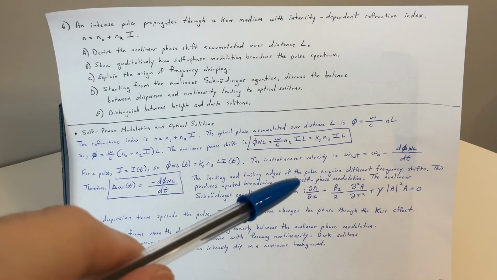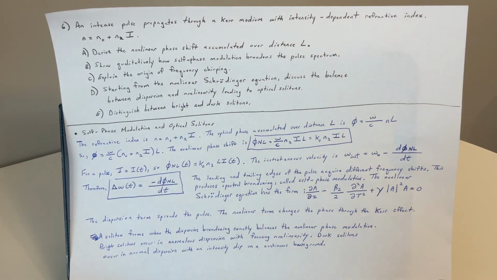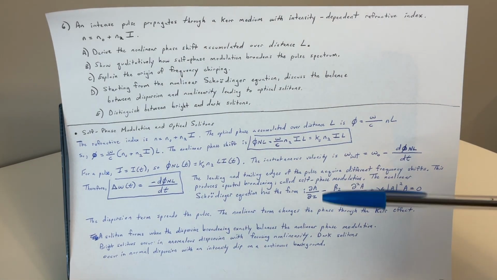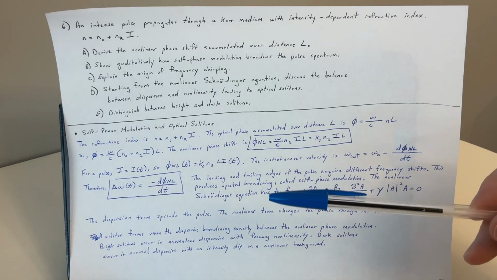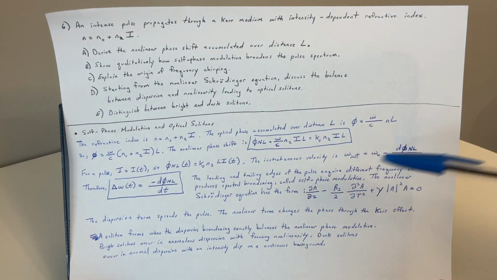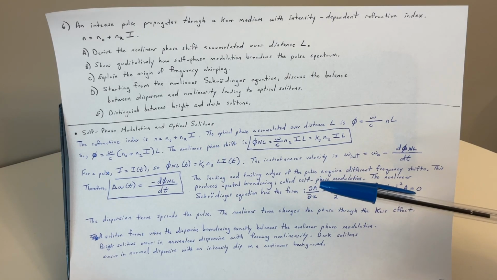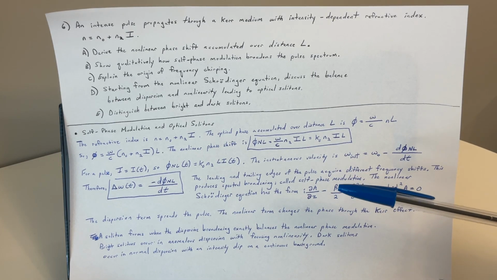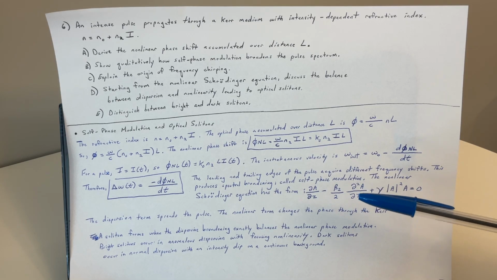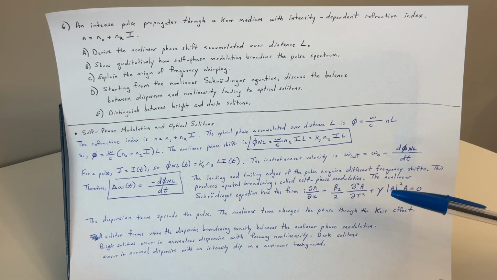The leading and trailing edges of the pulse acquire different frequency shifts. This produces spectral broadening called self-phase modulation. The nonlinear Schrodinger equation has the very famous form: i partial A with respect to z minus beta sub 2 over 2 times the second partial derivative of A with respect to t plus gamma magnitude A squared times A equals 0.